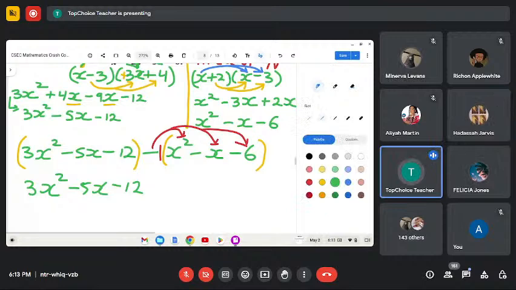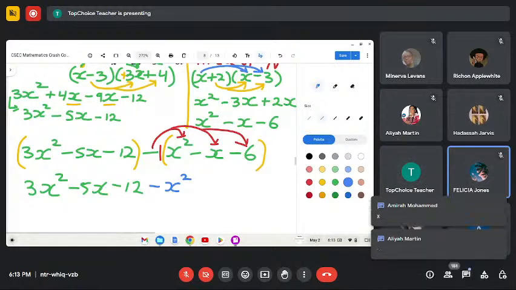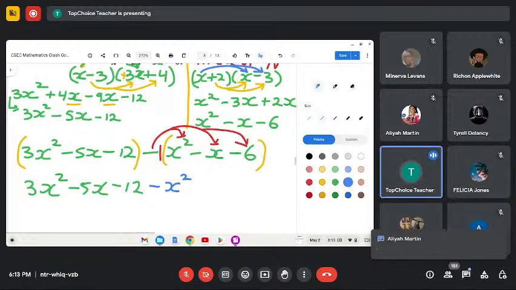So that is what I'm going to put here. I'll use blue for this portion. Negative x squared. Now let's see what's going to happen to the sign in front of this x right now. Negative. What's the sign in front of the 6 right now? Negative. If I take this -1 and multiply it by this negative x here, you get that positive. You see what happened?